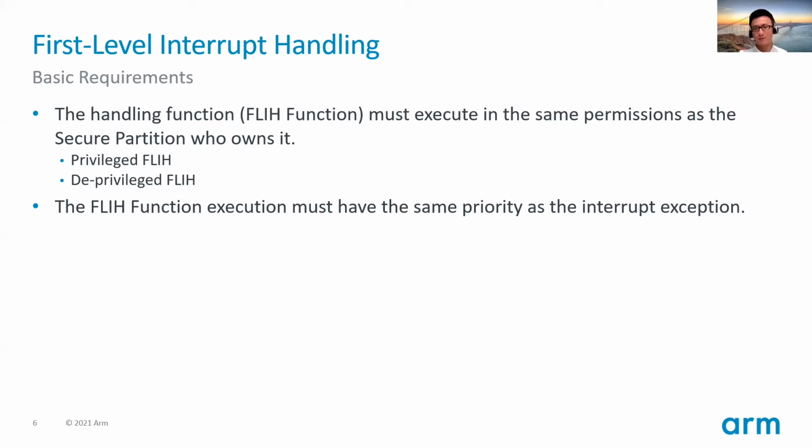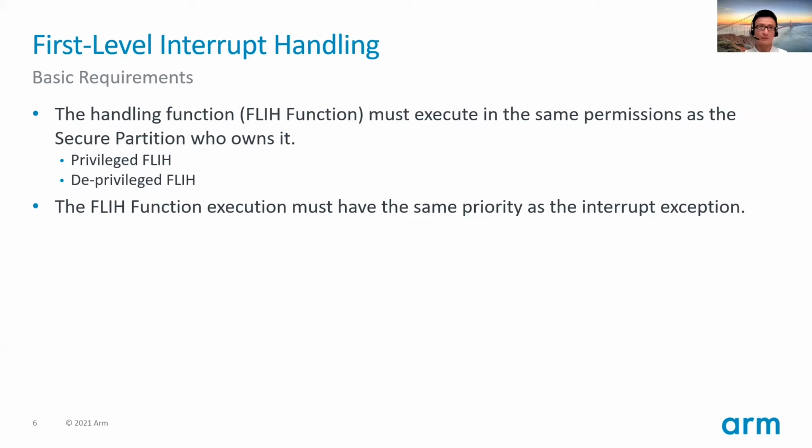To avoid elevation of privilege on unprivileged secure partitions, the handling function of the FLIH, which is called the FLIH function, must execute with the same permissions as the secure partition who owns it and who is responsible for handling it. So this means the FLIH function must have the same privileged mode as the secure partition.